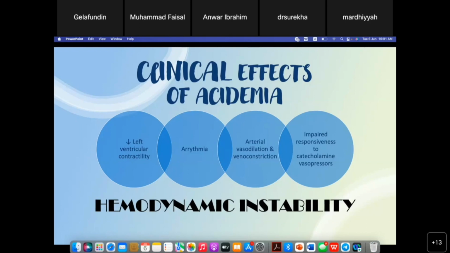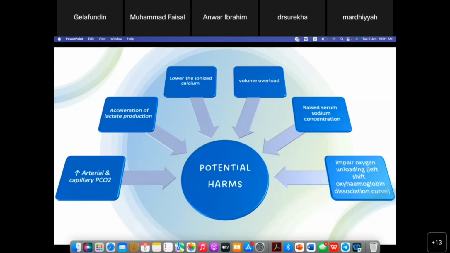You have to bear in mind that giving sodium bicarb has potential harms. One is that it can increase the arterial and capillary PCO2. When you give sodium bicarb, the bicarb combines with hydrogen ion, creating carbonic acid, which eventually dehydrates to water and CO2.